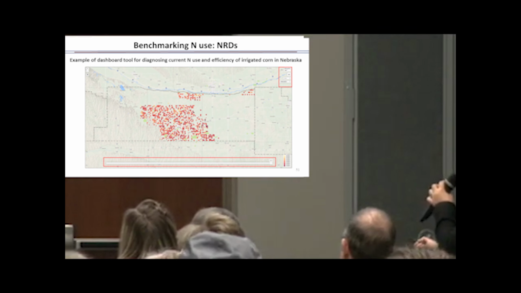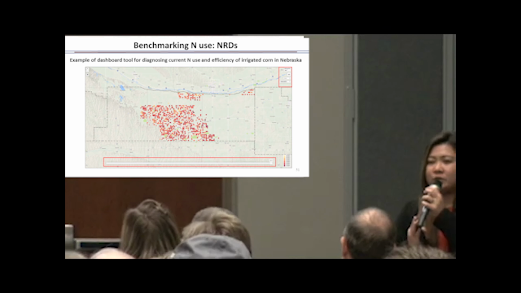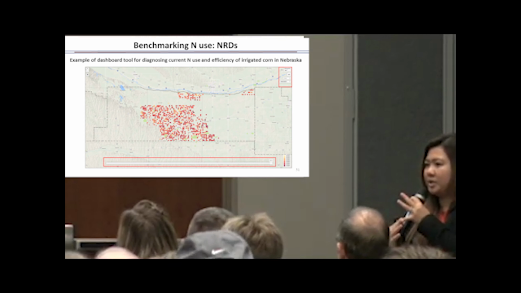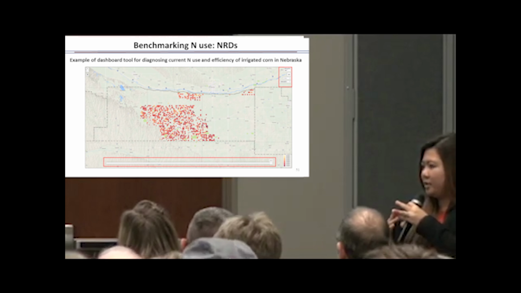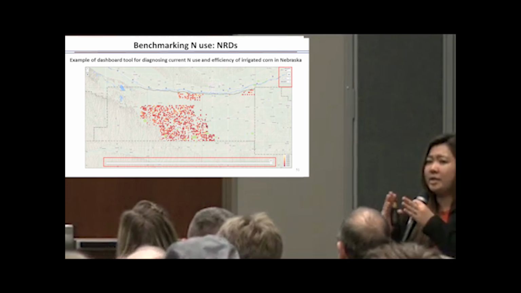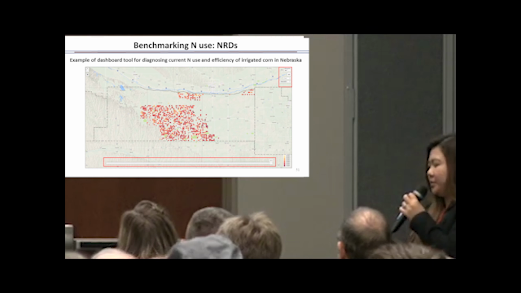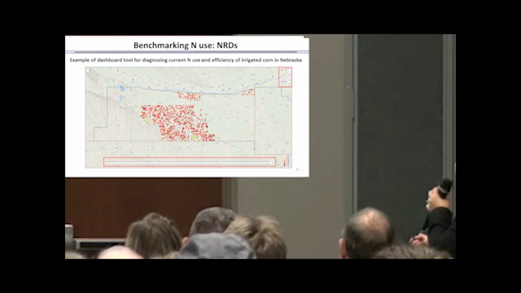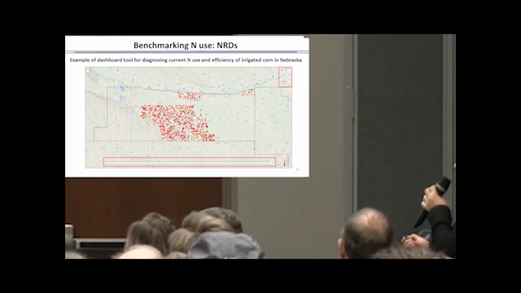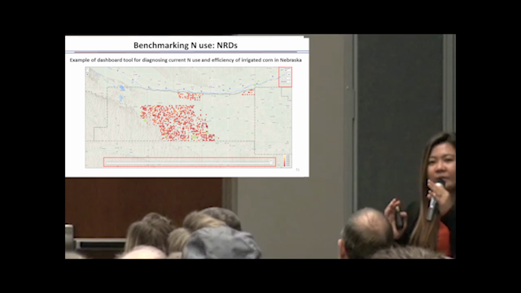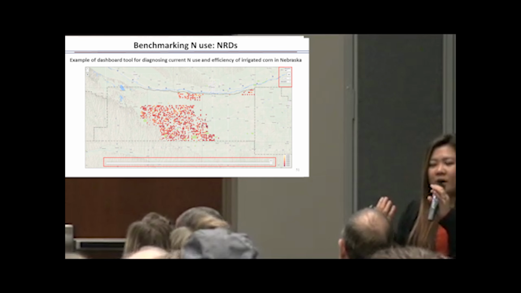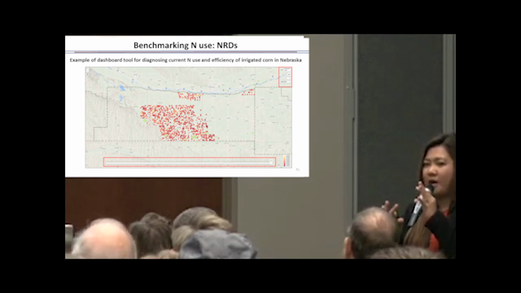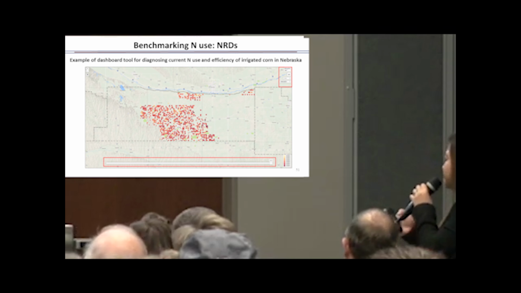And what I'm showing here is the heat map for nitrogen use, but our dashboard also has data for producers' yield, producers' water use, and also the efficiency in terms of their water and nitrogen use. So those fields that are shown in a dark red color are the fields that are not really doing that well, meaning they are applying much higher fertilizer as compared to the other fields within those same NRDs.